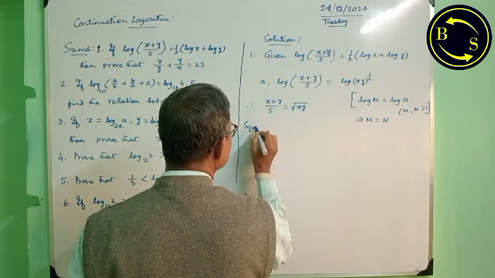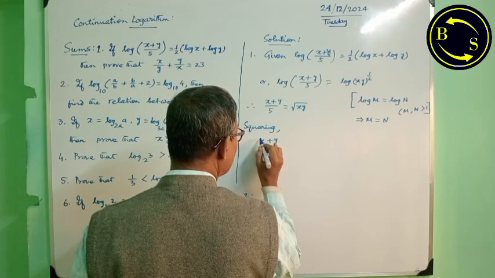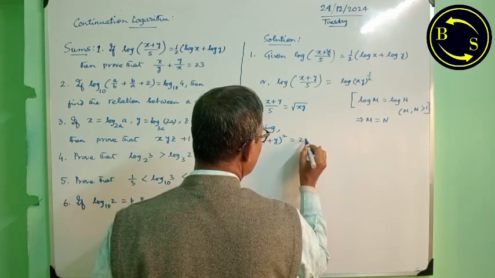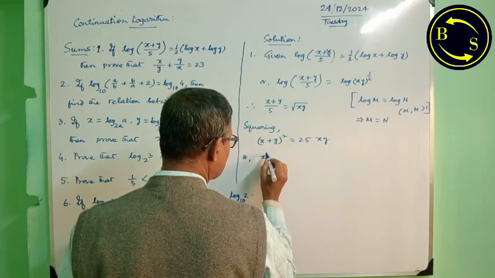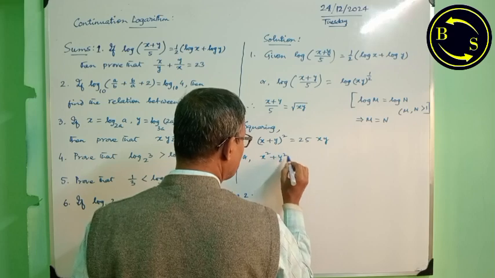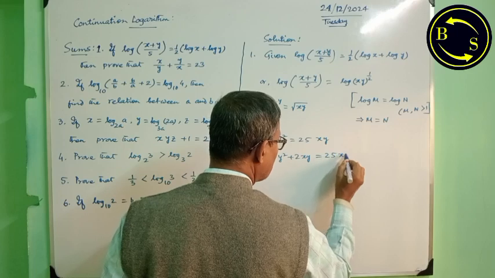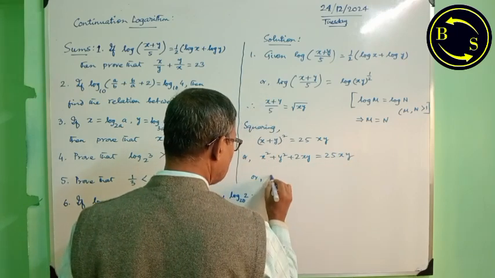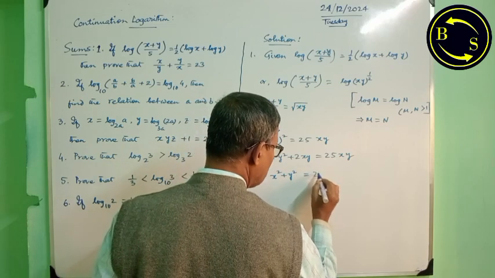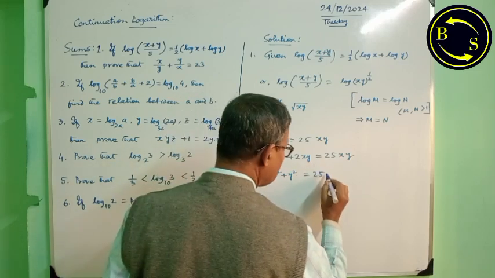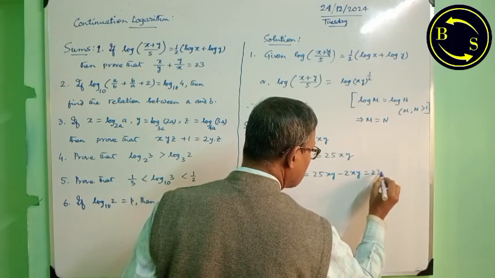Squaring, (x plus y) whole square is equal to 25 xy. This is x square plus y square plus 2xy is equal to 25 xy, or x square plus y square is equal to, we take this 2xy on the right, that is equal to 23 xy.